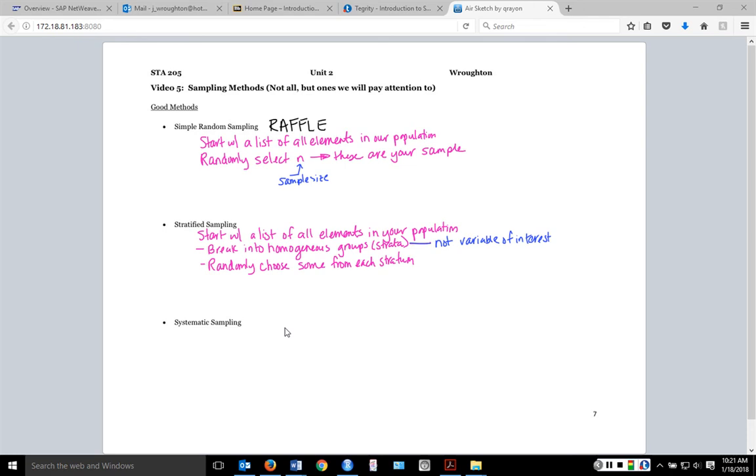A systematic sample is a little bit different. It basically means that you randomly choose the first element and then sample every case thereafter.